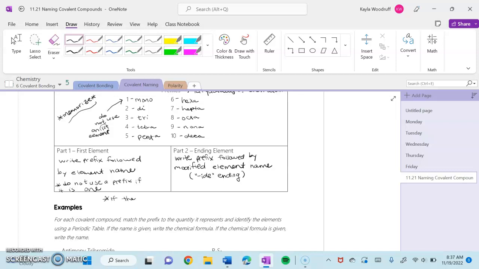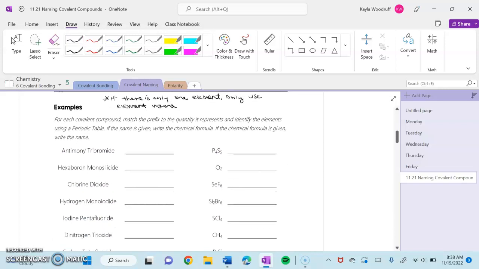If there is only one element, that means there's no prefix and no ending change for a diatomic element. You'll just use its regular element name.